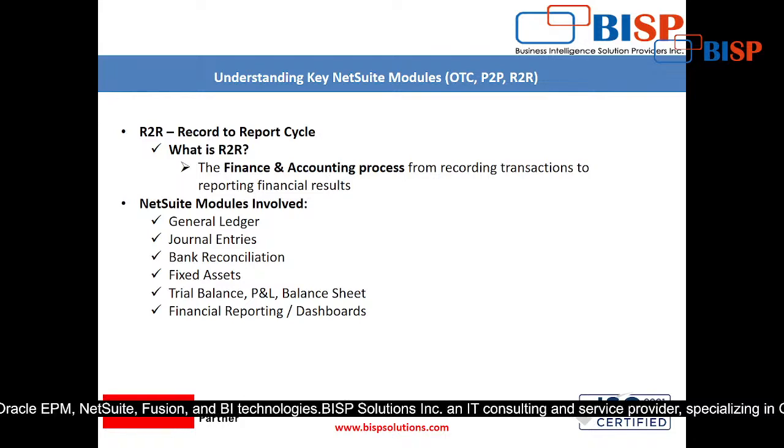Record to report means the process is going on, and then you just have to extract the data, understand how to extract it, and how to represent it in the format of reporting. The modules involved are general ledger, journal entry, bank reconciliation, and fixed assets; all these are involved in this R2R module.